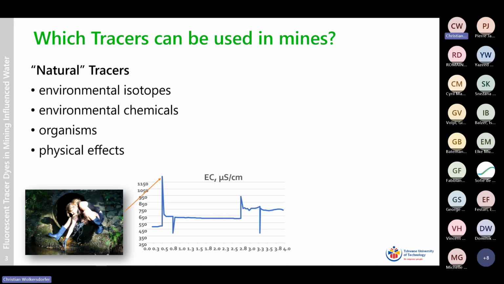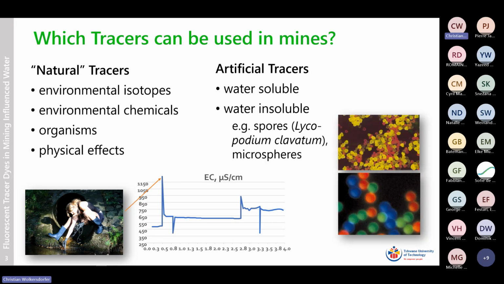The two peaks that are going down are also mine water discharges, but then you have to take care. Not everything is mine water, because the third peak here that is going up, this was from a sewage treatment plant.